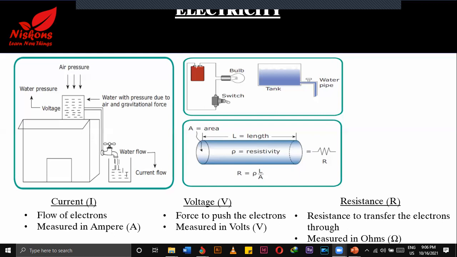That force in electricity is called voltage, measured in volts, V. But in our robotics, we will only discuss voltages below 12 volts. We will make some robots using 5 volts, 3.3 volts or 12 volts. Beyond 12 volts, we can't work.